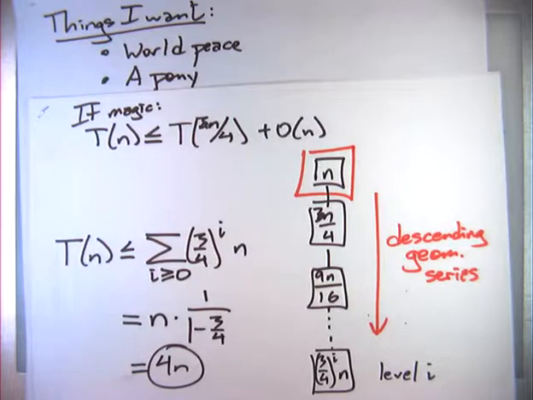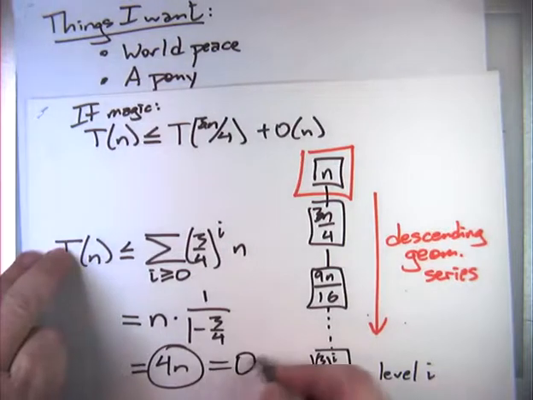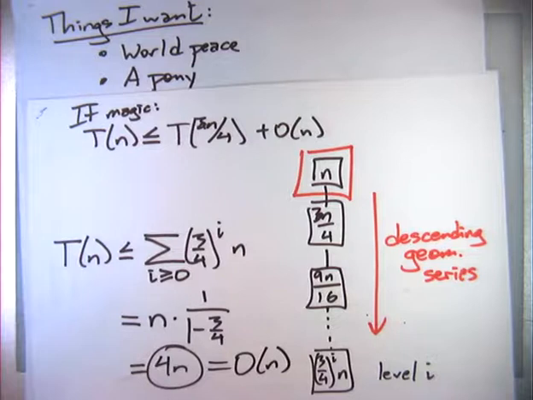At some point, the problem size is less than a googol, but fine, it's going to be 4n minus something, but the important thing is that it's big O of n. Okay? As long as I can get rid of a constant factor before I recurse, I'm going to get this nice descending geometric series, and then everything is going to be swallowed up by the root.